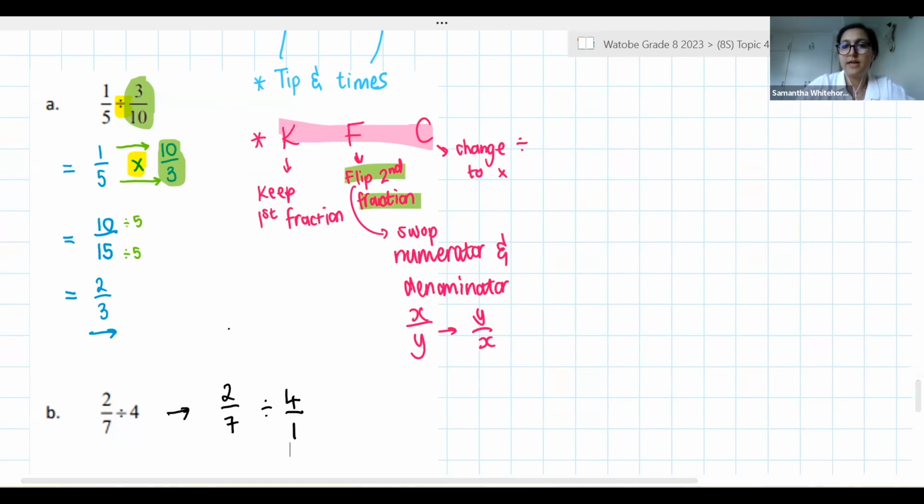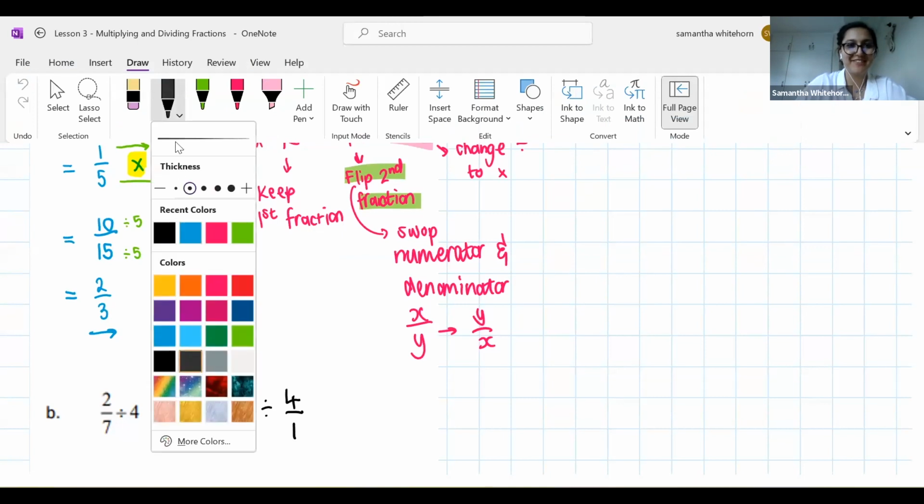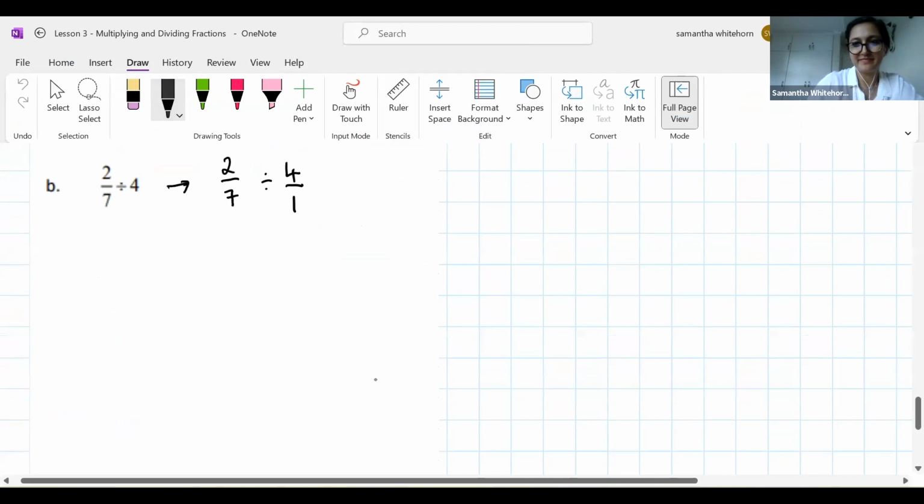Would someone like to raise their hand to explain it for me? Mpelentle? Afternoon, ma'am. Ma'am, how I got the answer is that 2 over 7 stayed the same.